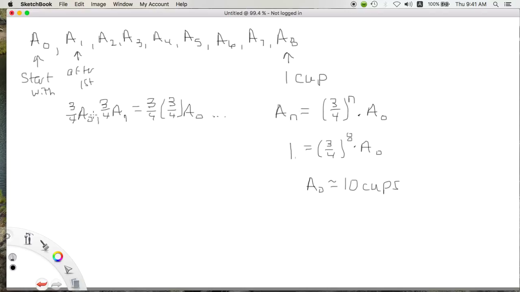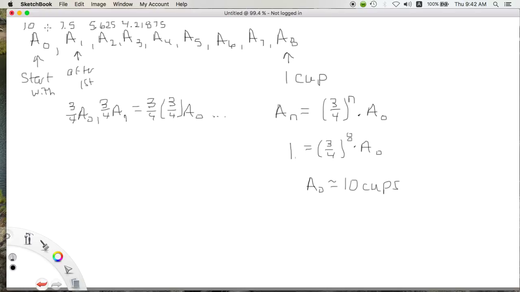So if we look at our sequence as it is, since we're looking at this as how much is left, we started out with 10 cups of beans, and then after the first person took it, we have 7.5 cups left, because we multiply times 3/4, and then times 3/4 again, and again.